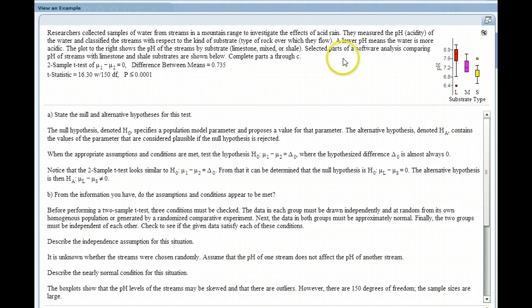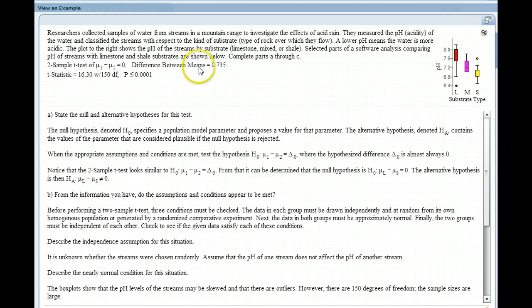Now we're asked to select the selected parts of a software analysis comparing pH of streams with limestone and shale substrates, shown below. Now, for the two sample t-test, mu1 minus mu2 is assumed to be 0.